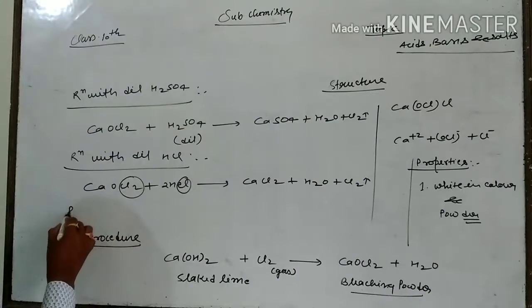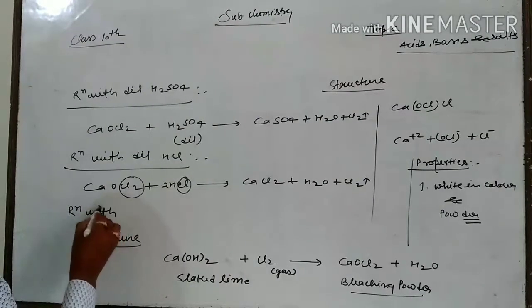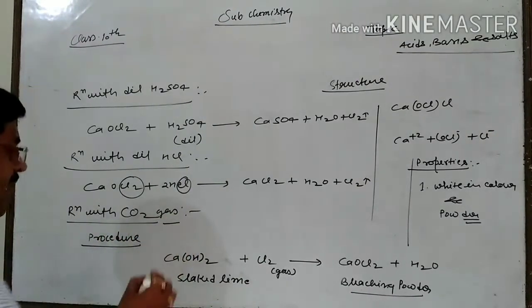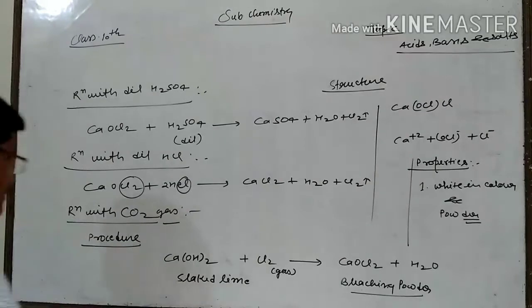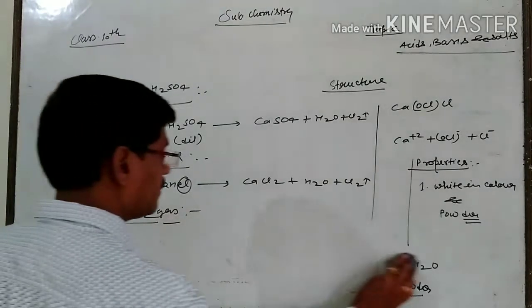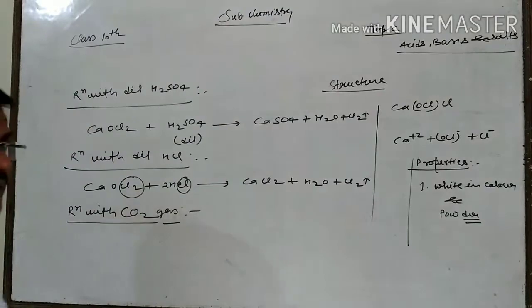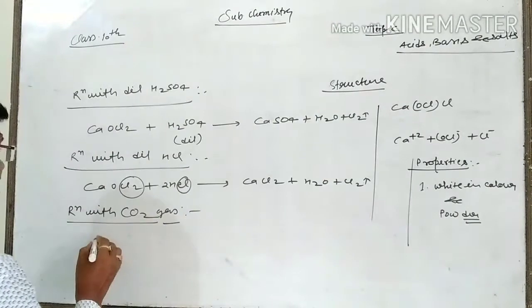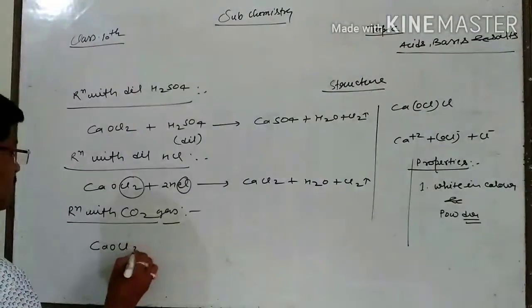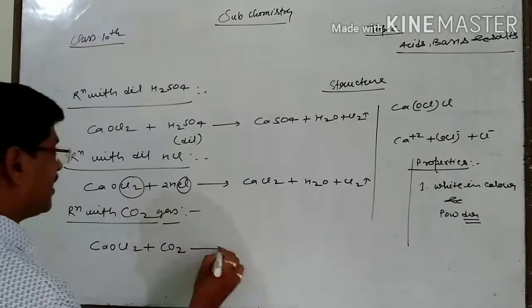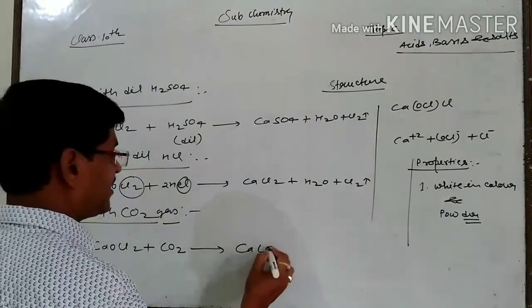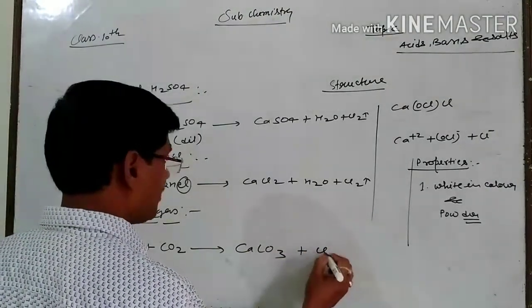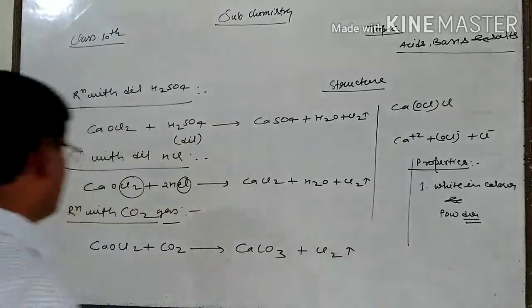After that, the reaction with carbon dioxide gas, as you see in daily life. If you expose bleaching powder open in the atmosphere, it reacts with atmospheric carbon dioxide and gives CaCO3, calcium carbonate, with liberation of chlorine gas.